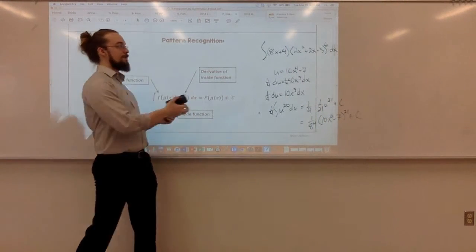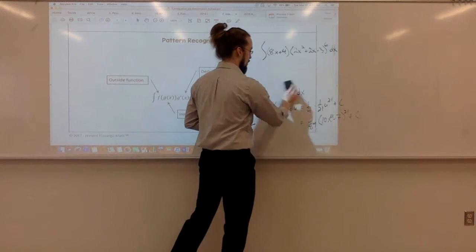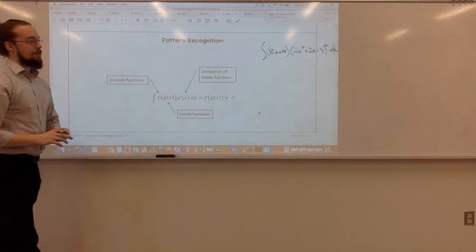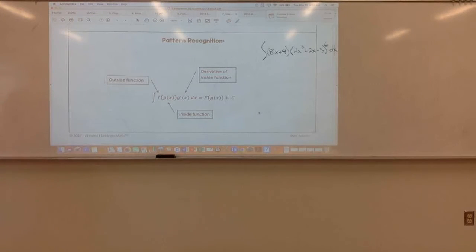Alright, let's try this one. Yes. 8x plus 4 times (2x squared plus 2x minus 3) to the 6th power. So we recognize some function and its derivative within this, or a multiple of its derivative.